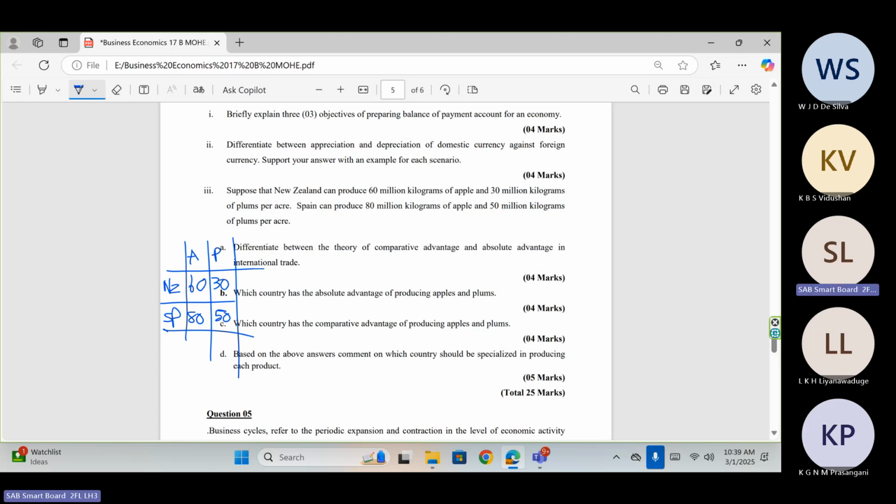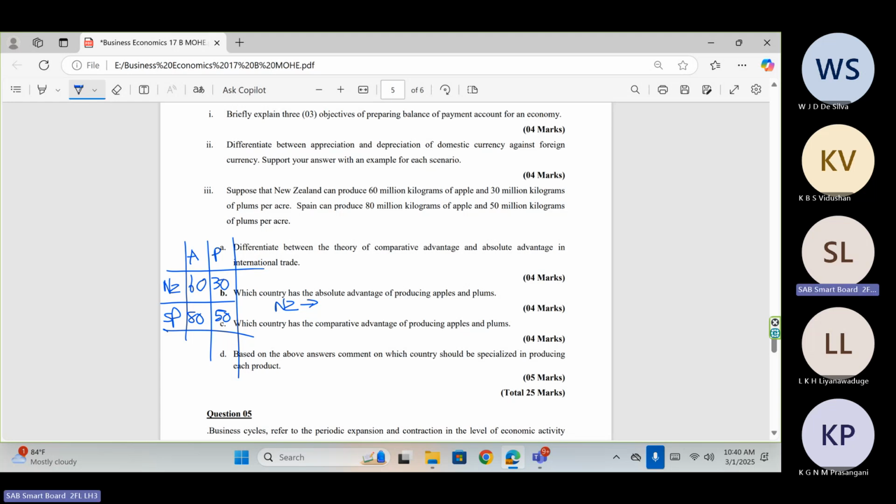Then when you write down the answer, you don't write like New Zealand apple, Spain plums. Always justify. Which country has the absolute advantage? What products do they have the absolute advantage to produce? Let's say apple, regarding apple, which country has the absolute advantage? Spain. The plums, which country? Again Spain. Both Spain.